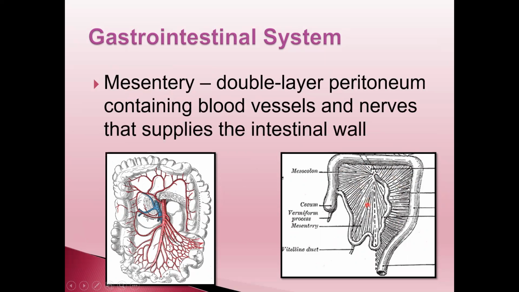It looks almost like a fanning mesh, and this mesh attaches to the posterior wall of the abdomen. It contains all these blood vessels and nerves that supply that intestinal wall. So the mesentery is very important.